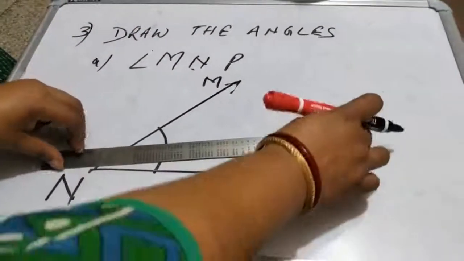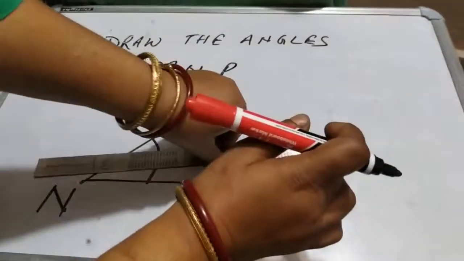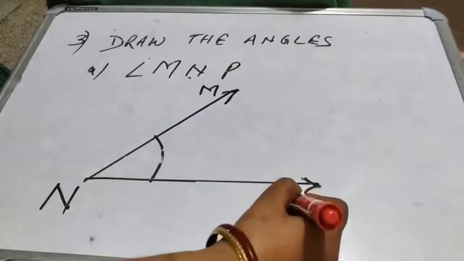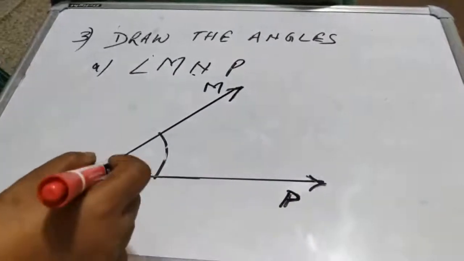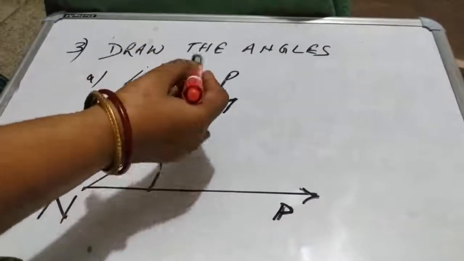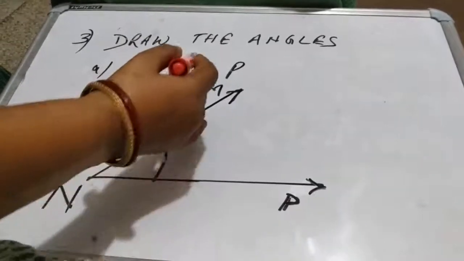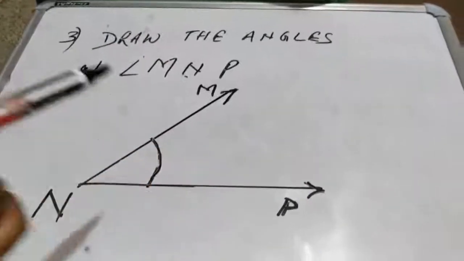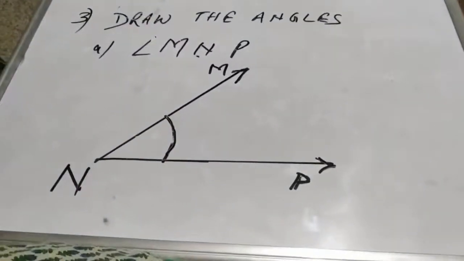So similarly you have to draw this angle. This is the ray MNP. You have to give the name of the angle also. The middle letter is the vertex. Remember this thing.